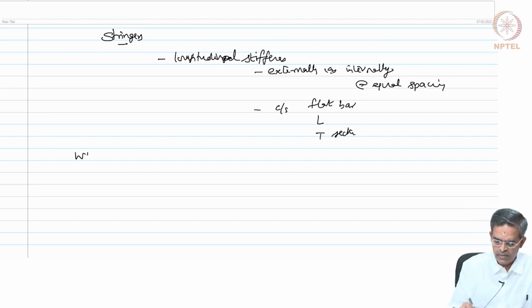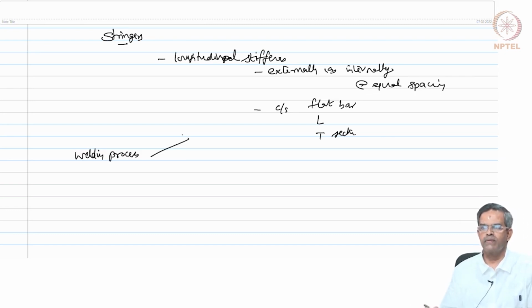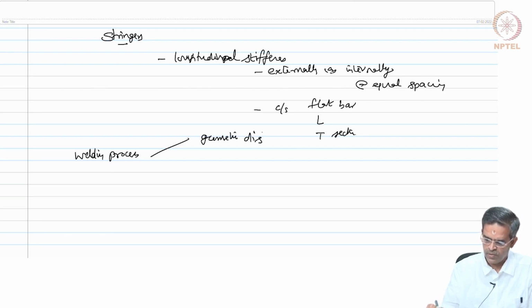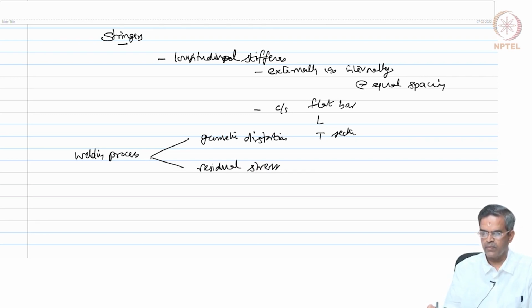So, we can say that the welding process initiates geometric distortion and residual stresses. Now, upon the types of failure, orthogonally stiffened cylinders generally fail by buckling.